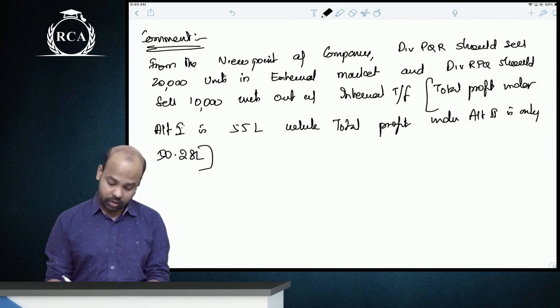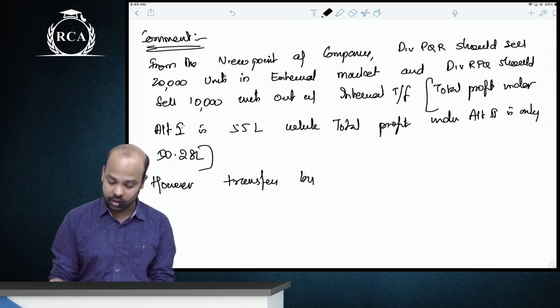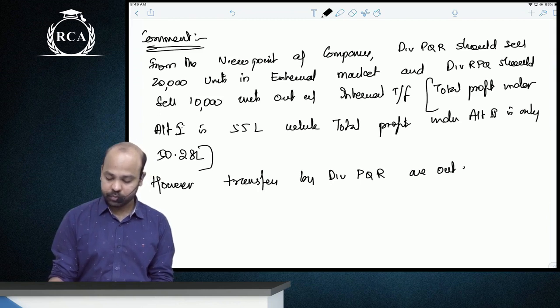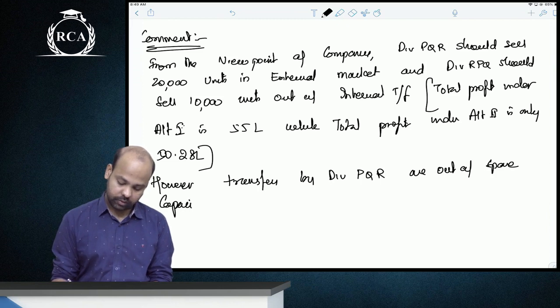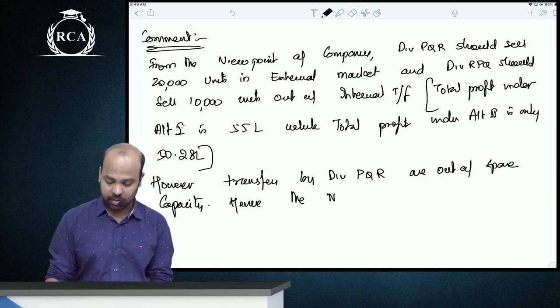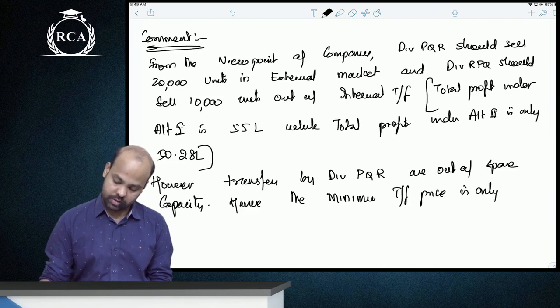Okay. However, guys, another important point, write this, beta: transfers by division PQR are out of spare capacity. Hence the minimum transfer price is only 100 rupees, the variable cost per unit.